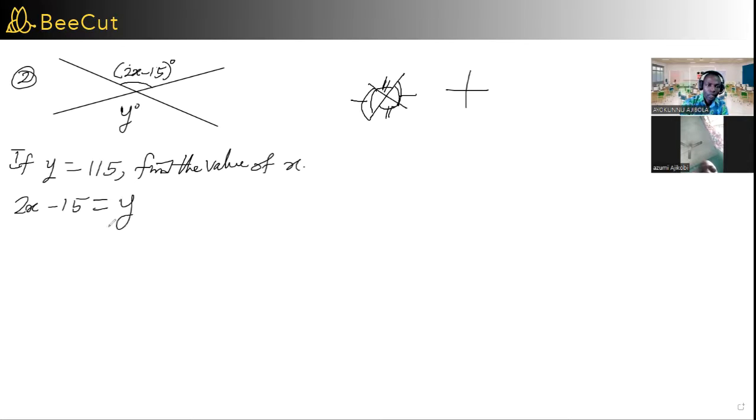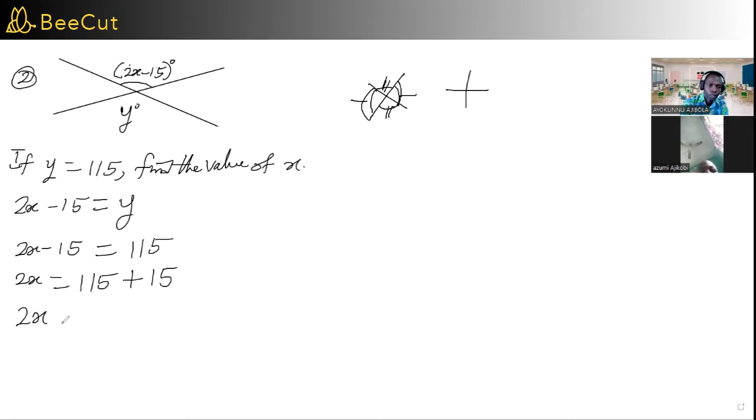115, equals y. Then y is 115. Yes, sir. So 2x minus 15 equals 115. Then we take the 15 to the other side, so we have 2x equals 115 plus what? 15.